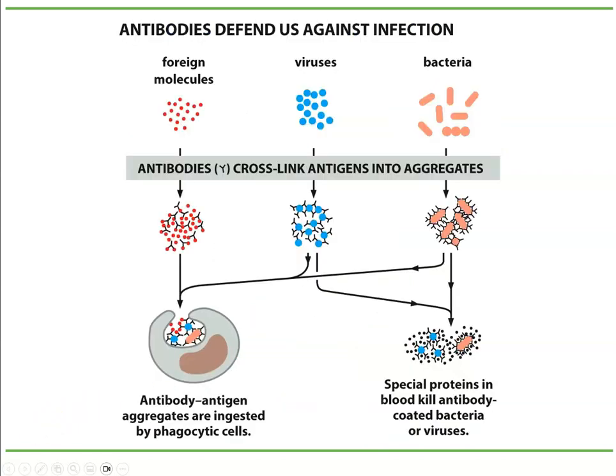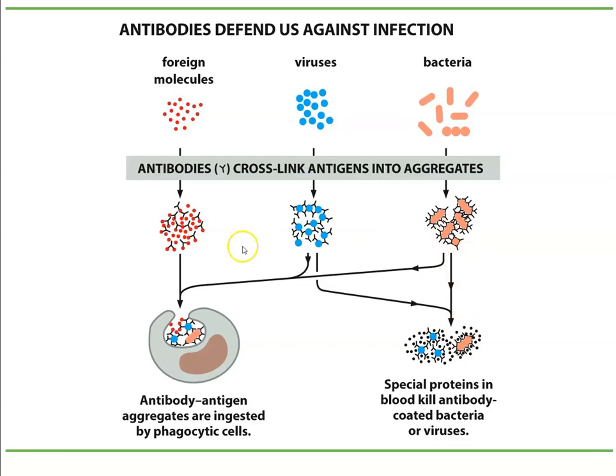Antibodies are helpful for our functioning as living creatures because they help protect us from foreign molecules that might invade and cause problems: viruses that try to attack and hijack our DNA, RNA, and protein synthesizing systems, and bacteria as well.